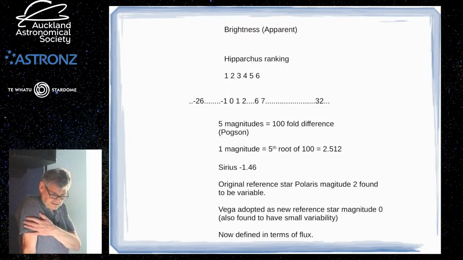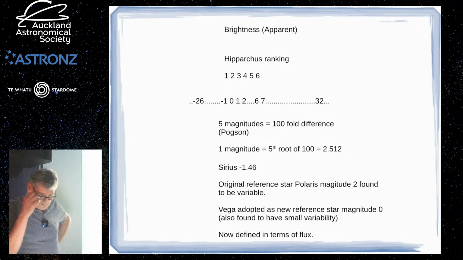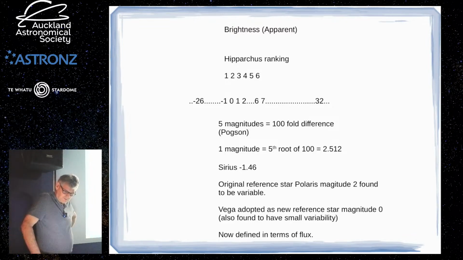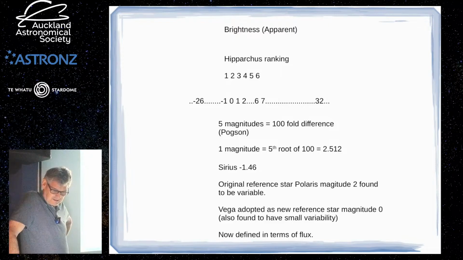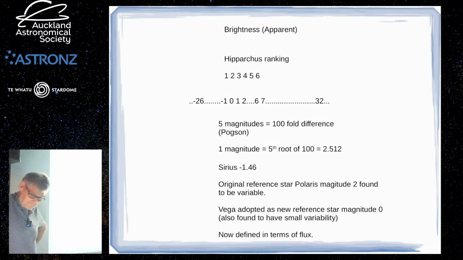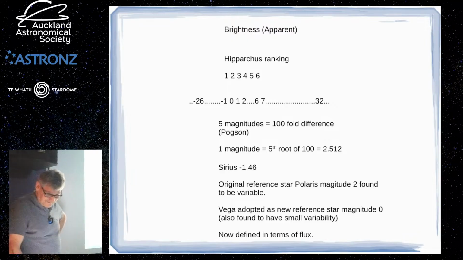Pogson came up with that scheme to roughly approximate Hipparchus's scheme. So the difference between one pair of adjacent magnitudes, say first and second, is a brightness difference of just over 2.5. And as seen there, the brightness of Sirius is minus 1.46.